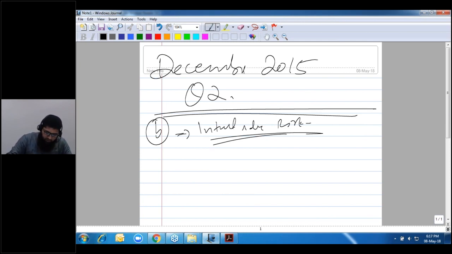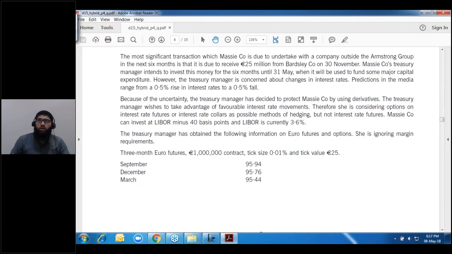Okay, so now let's start off. This exam question is December 2015 question number 2. We are discussing part B of the question. It says the most significant transaction.